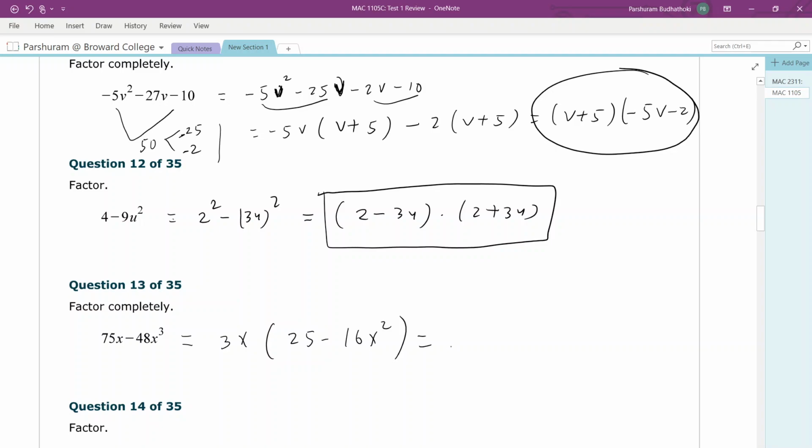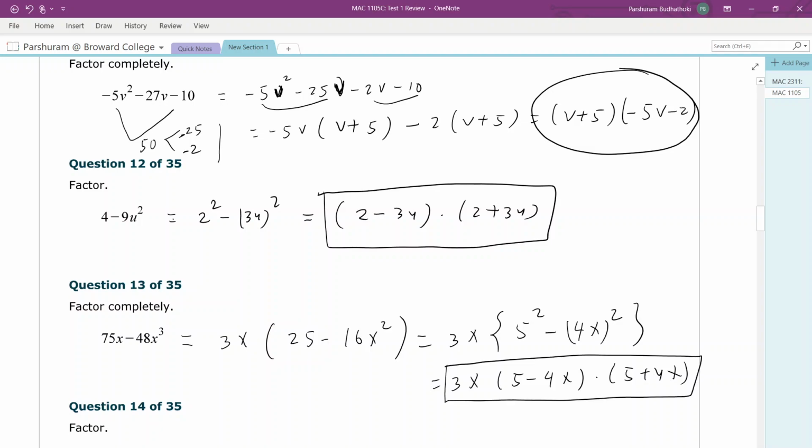I can express 25 as 5 squared, and 16x squared as (4x) squared. So it's again a difference of squares, which gives me 5 minus 4x times 5 plus 4x. So that's the complete factorization. I cannot go further than that.